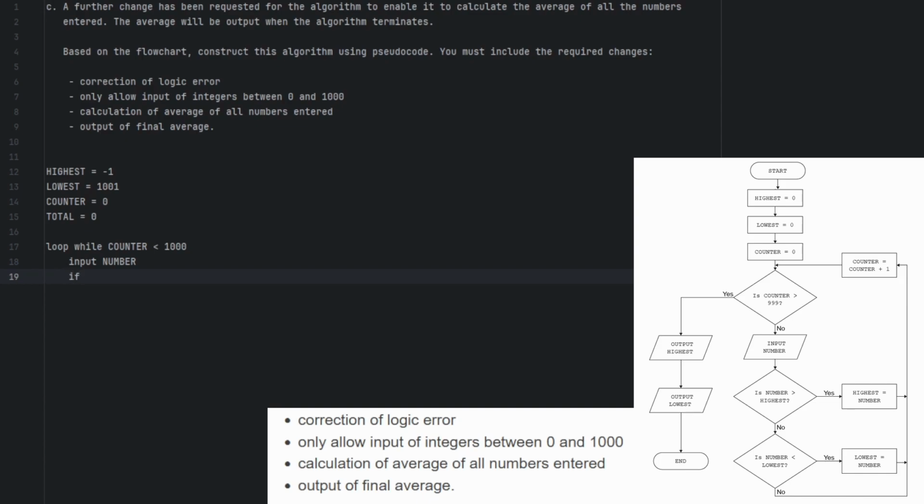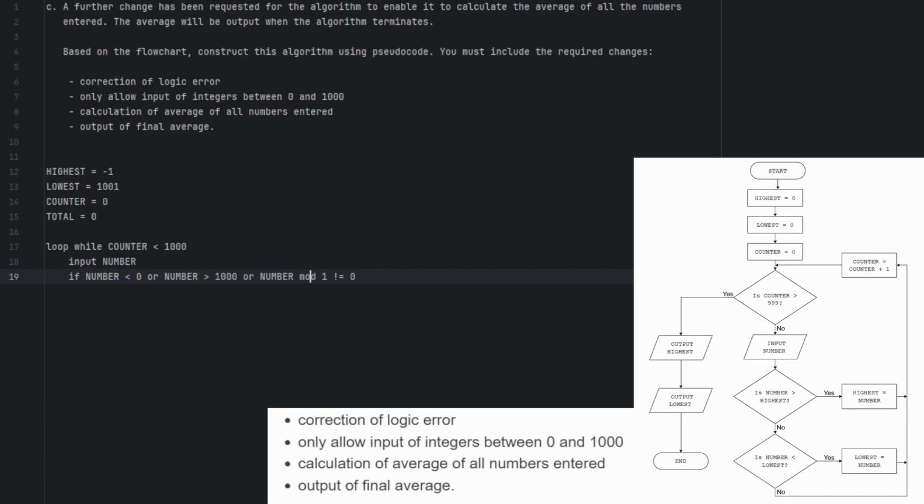So if the number less than 0, or the number is greater than 1000, and now we're going to check if the number is a whole number, as part of the criteria was that it only accepts integer values. So I'm going to do number mod 1 is not equal to 0.